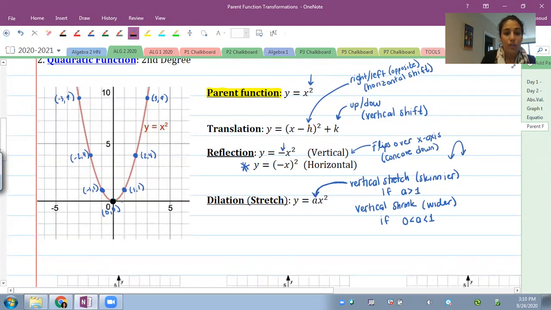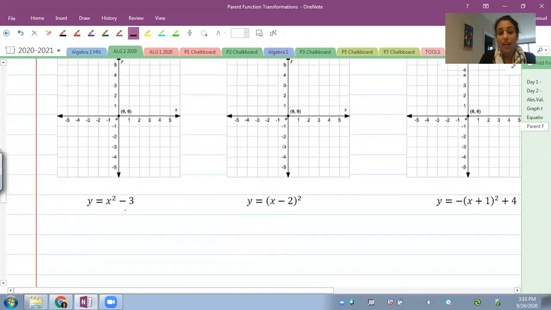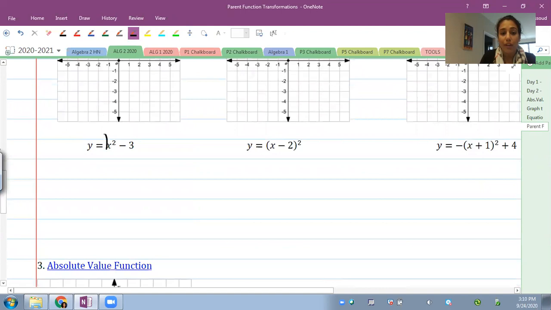And then it goes 1, 1, up 1 over 1, and then 2, 4. So we have 1, 1, 2, 4, 3, 9, right? We know that that's how it goes. So that's how we're going to graph them. If there is no number in front, no 2, 3, 4, 1/2, that pattern doesn't change. We have 1, 1, 2, 4, 3, 9.